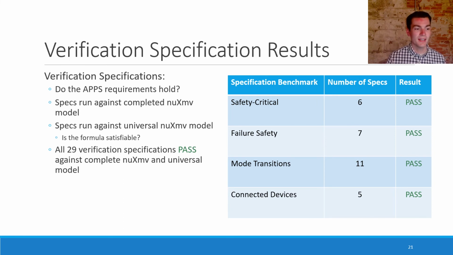All 29 verification specifications were run against the nuXmv model and the universal model. The universal model checks to make sure that the formula is not only satisfiable, but also not a tautology. All specifications came back with a passing result as expected.